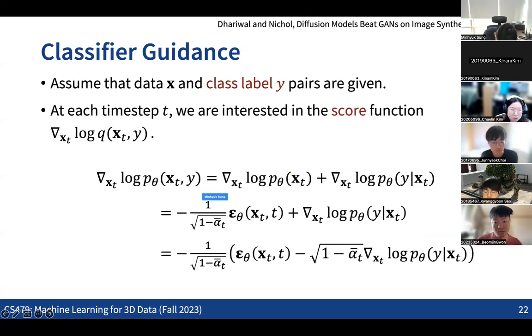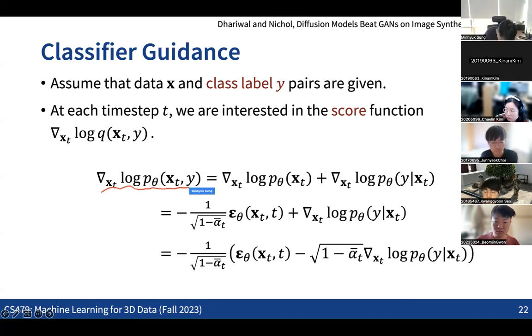So when you know that the image we want to generate has a certain label, for example, when we want to generate dog images, by giving the class label information, how can you get the score information for the given class label? That's the thing.